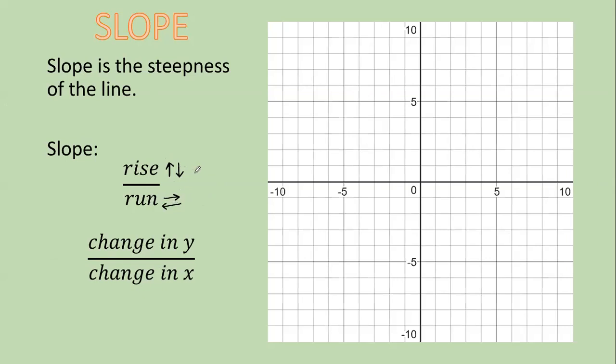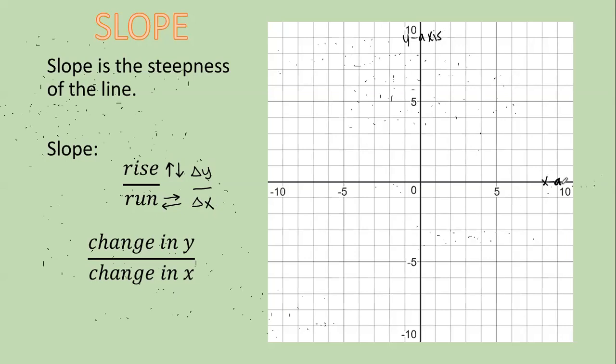Another way that we say this is our change in y over our change in x. Because vertical is the y-axis, let's make sure we remember this. The vertical axis is the y-axis, the horizontal axis is the x-axis. So it's our change in vertical over our change in horizontal from one point to the next.